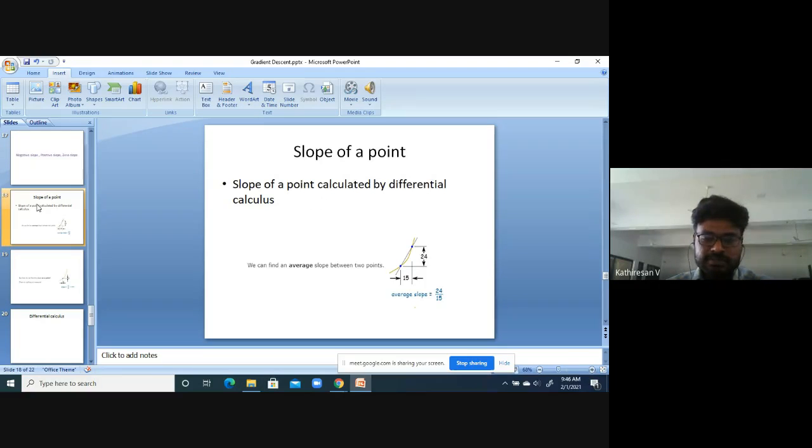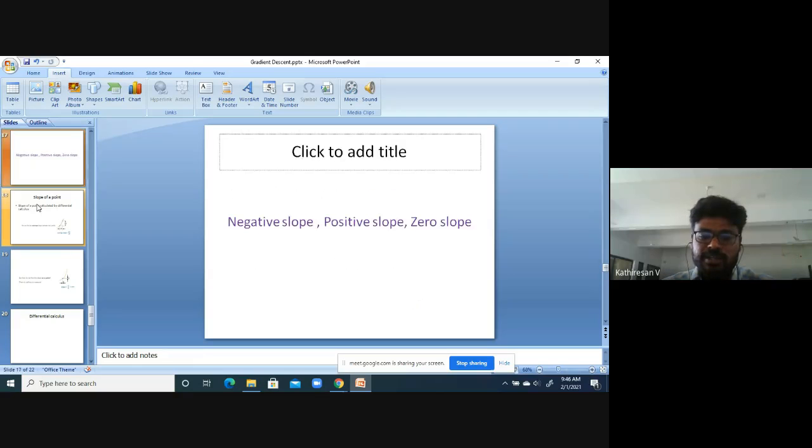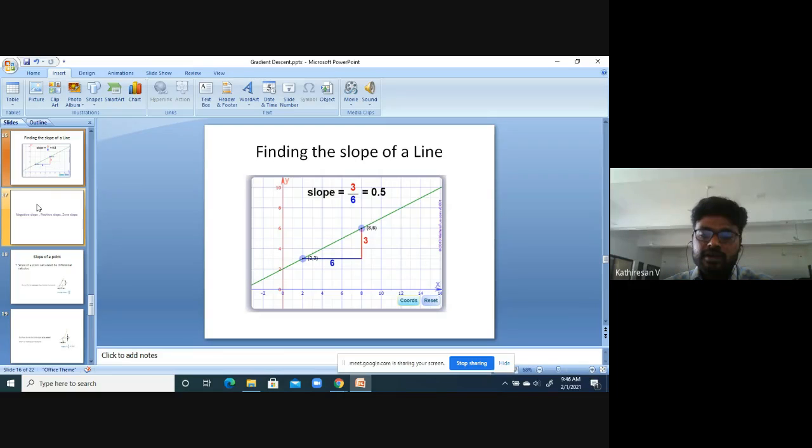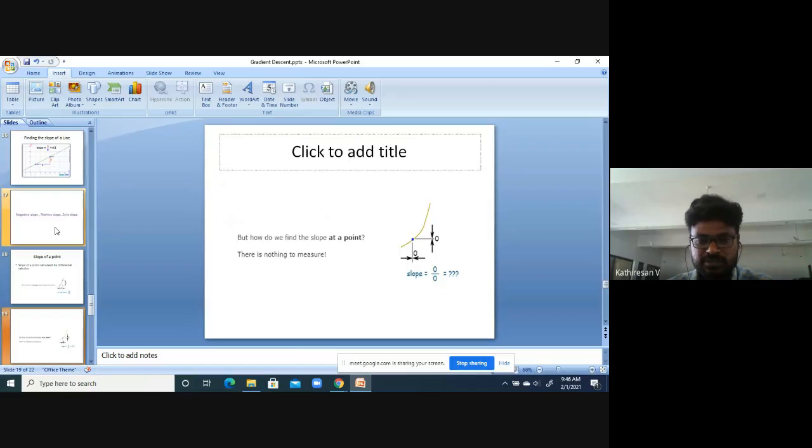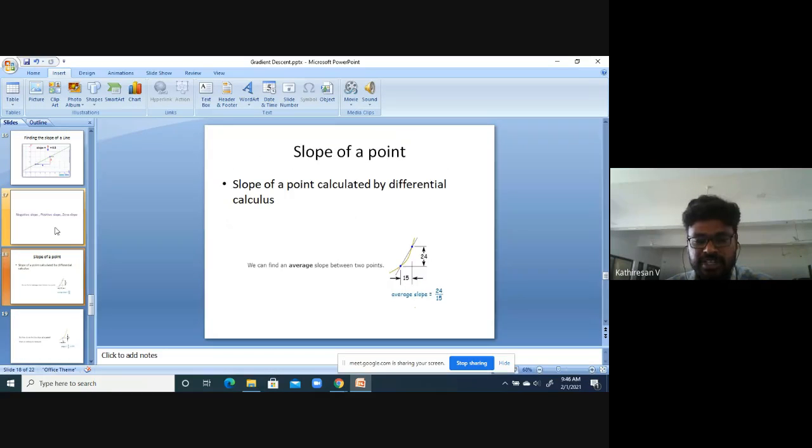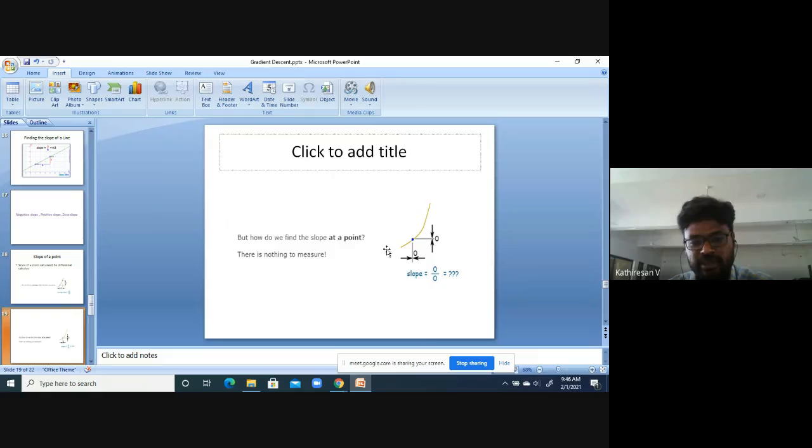I hope you know how to find the slope of a line, or the slope between 2 points in a line. The formula is delta y divided by delta x. Now in the same way, look at this particular diagram.